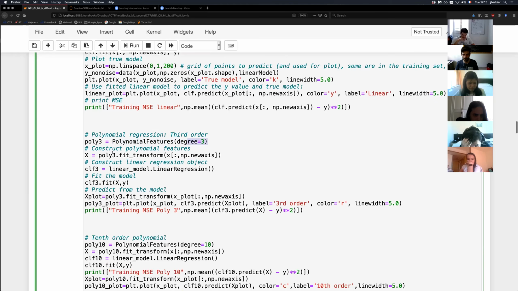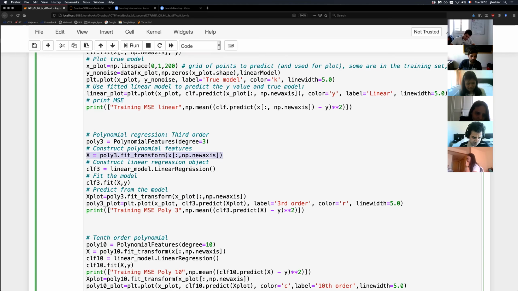And now I'm again solving the least square problem, but now on this expanded matrix, where the features are all polynomials up to order 3, and I'm fitting the model on my training data.